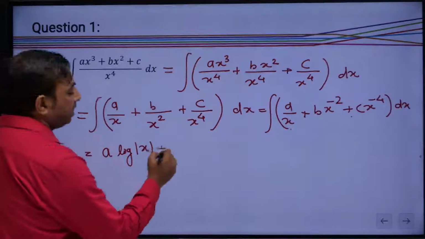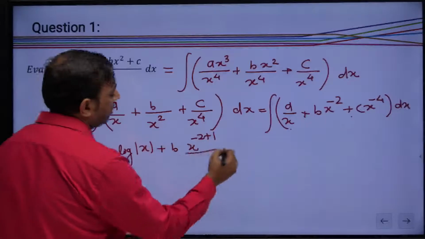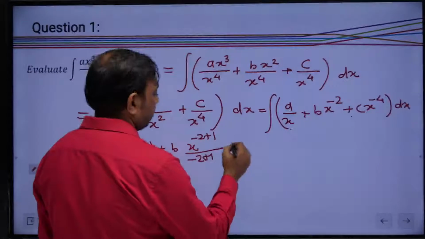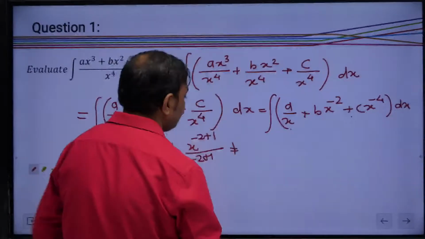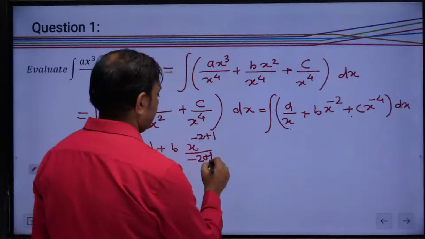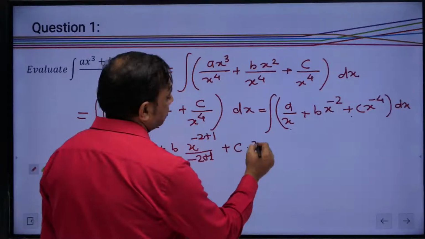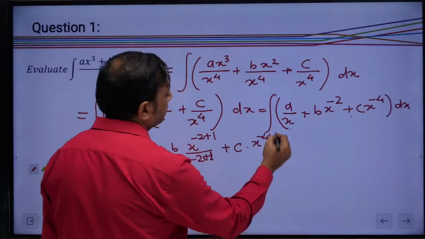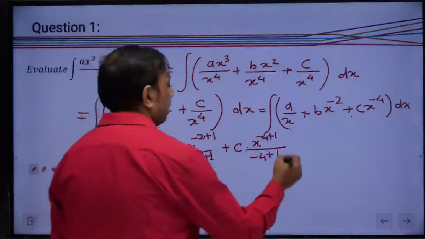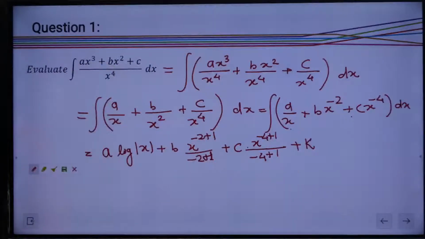If we integrate the second term, x to the power minus 2, it will be x to the power minus 2 plus 1 divided by minus 2 plus 1, and the third term is c into x to the power minus 4 plus 1 upon minus 4 plus 1. And I need to add one integrating constant, so I am adding k here.